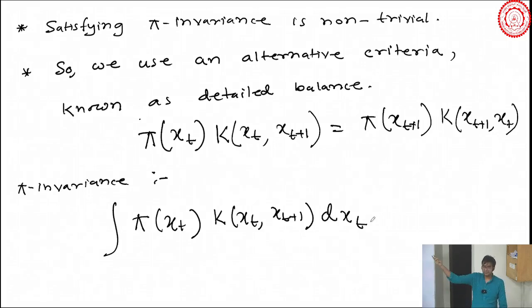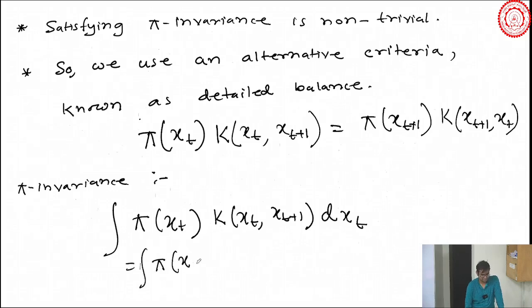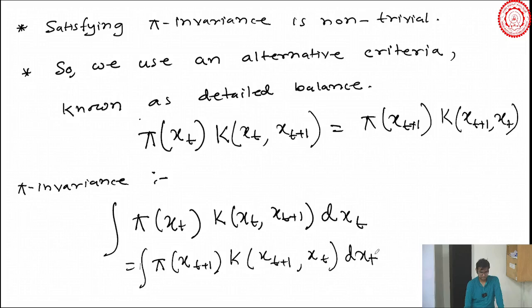Now, if I substitute the detailed balance equation, what happens inside the integral? Pi(x_t) K(x_t, x_{t+1}) will become pi(x_{t+1}) K(x_{t+1}, x_t) d x_t. Right? Everyone follows? Pi of x_{t+1} is not a function of x_t.